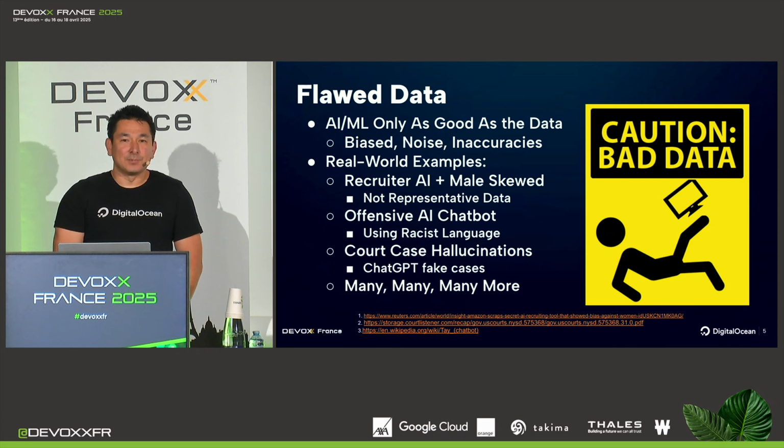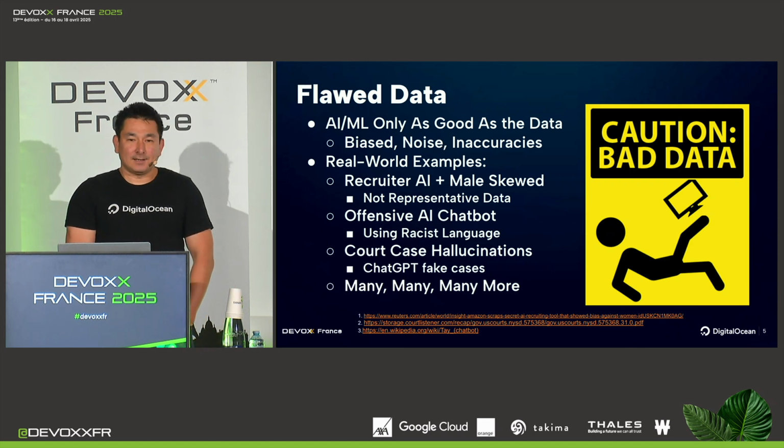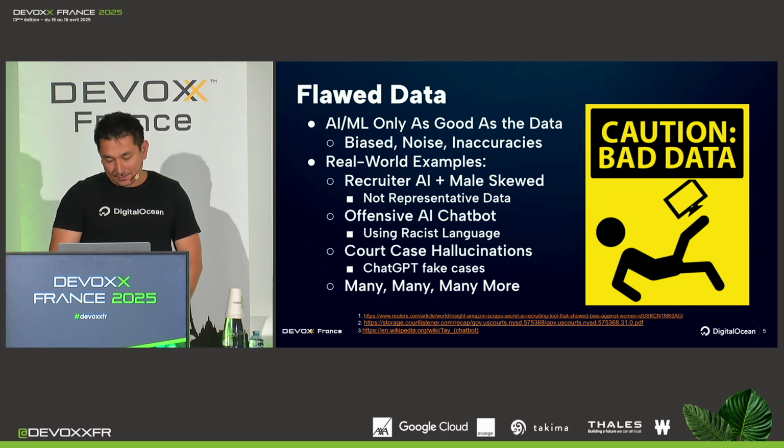It's completely bogus. And so there's a ton of these types of examples of how the data that you provide can be deeply flawed, and they can impact your systems in a real-world fashion. There's a huge list of them here. You can go ahead and take a look at them later.